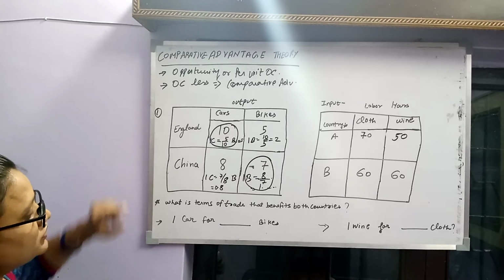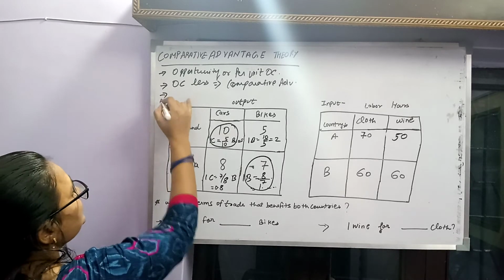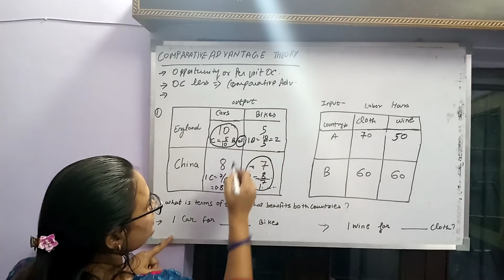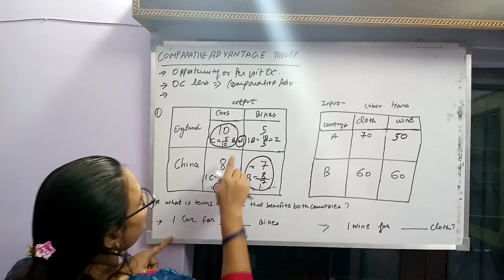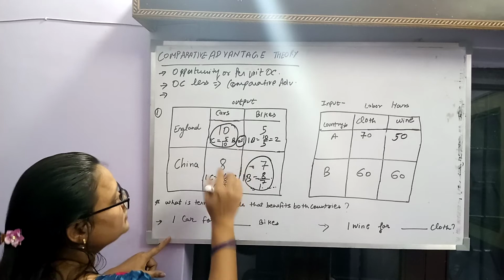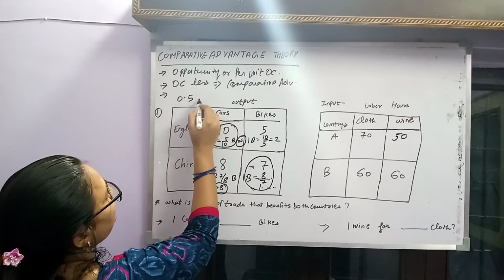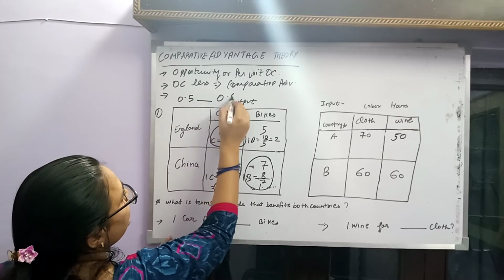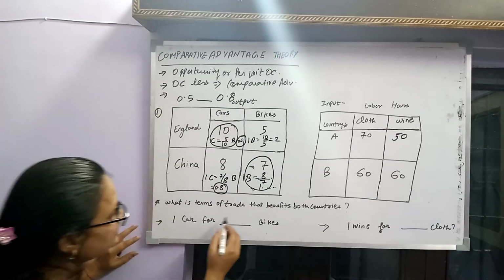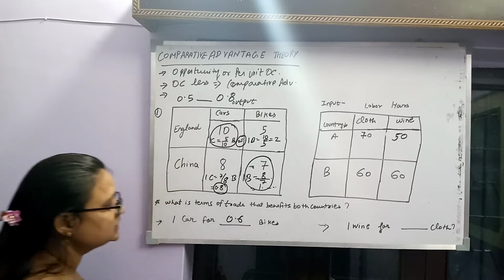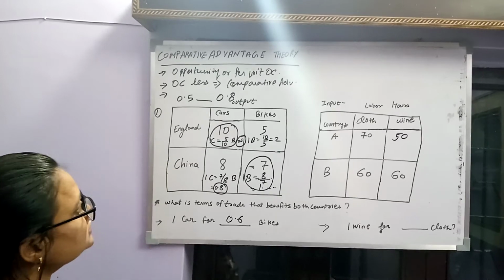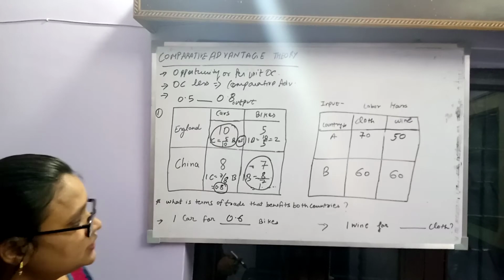The idea is that if we are taking one car, we have to see the opportunity cost of cars in England and China. So a number between 0.5 and 0.8 should be the terms of trade. That means we can say that 0.6 can be the terms of trade for bikes.